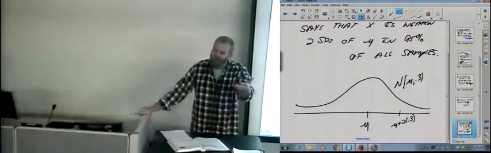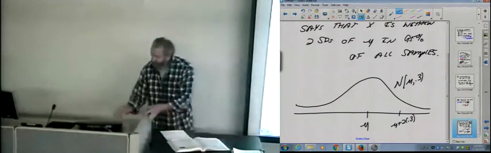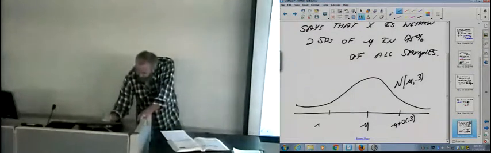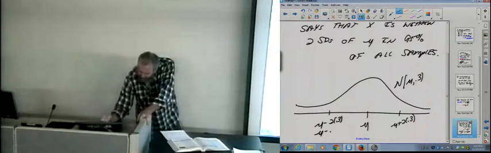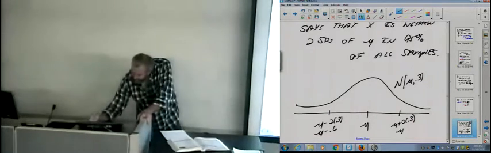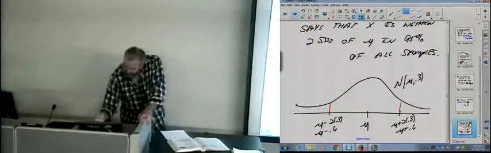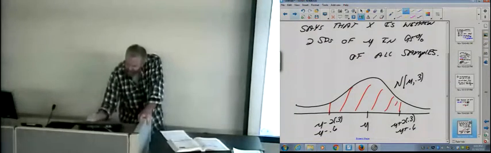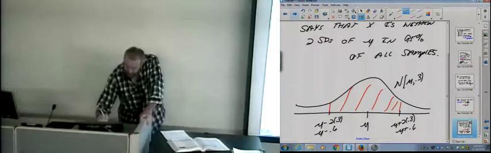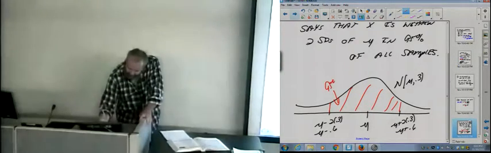Your standard deviation is 0.3 and I'm going 2 to the right. And if I come over here and go 2 to the left, this is mu minus 0.6. This is mu plus 0.6. 95% of all the x bars fall in there. So this happens in 95% of all samples.